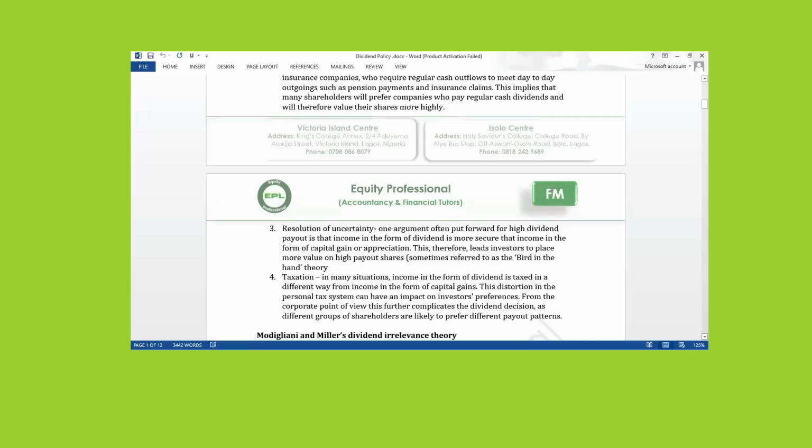Number 4, taxation. In many situations, income in the form of dividend is taxed in a different way from income in the form of capital gain.